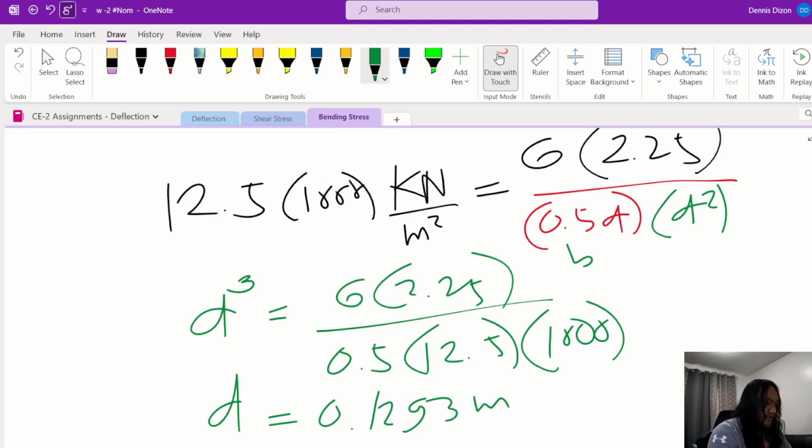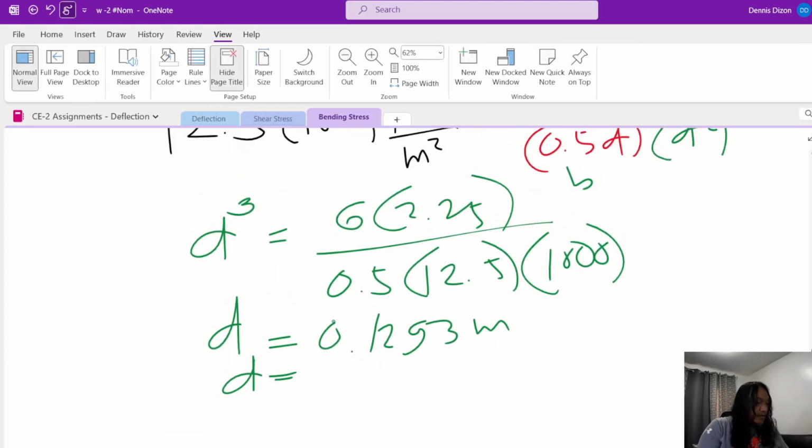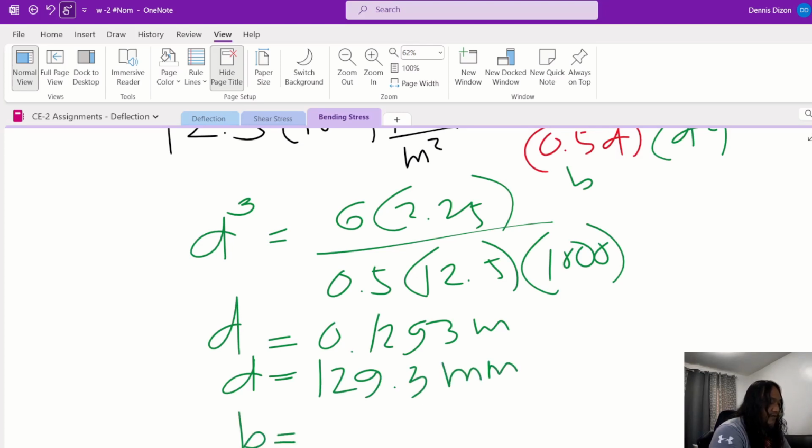So your d is 0.1293 meter, or d is equal to 129.3 millimeter. And then your b would be d over 2, which is 64.65 millimeters.